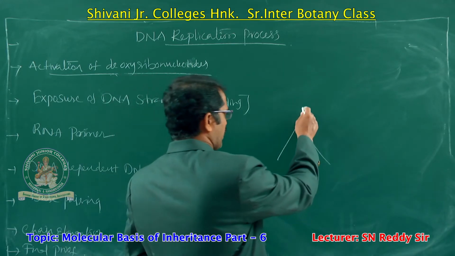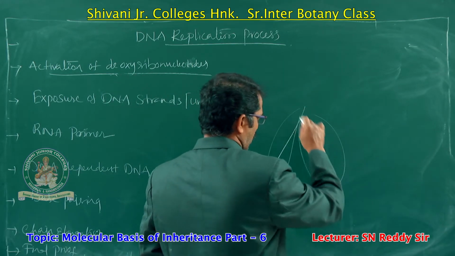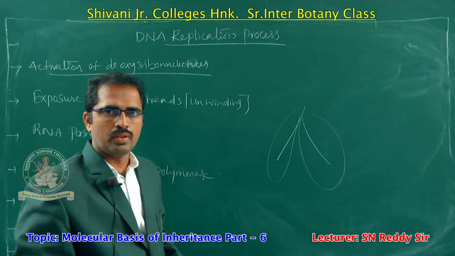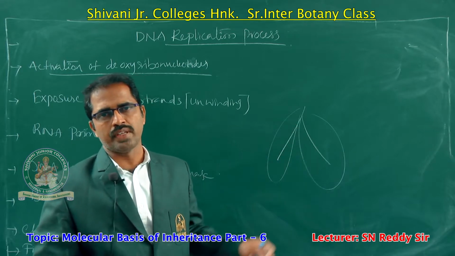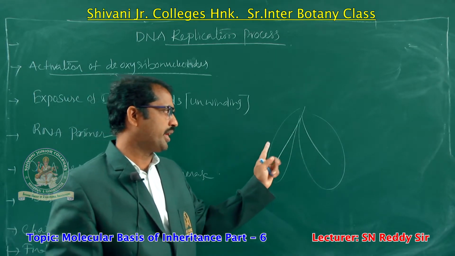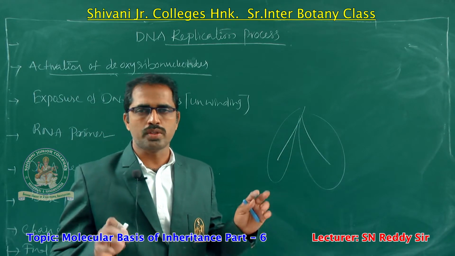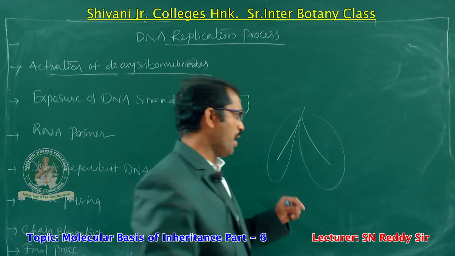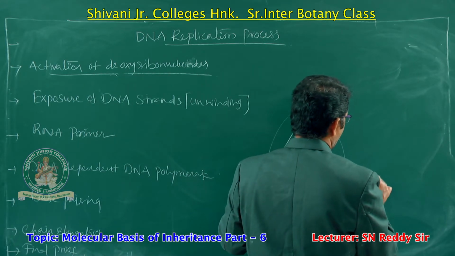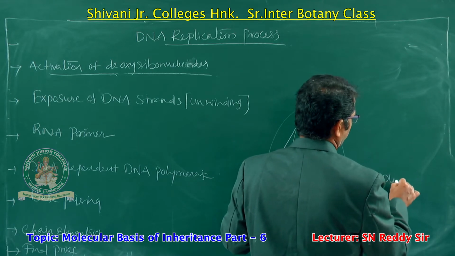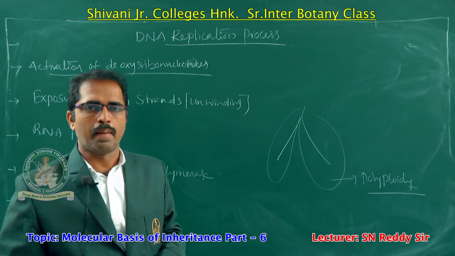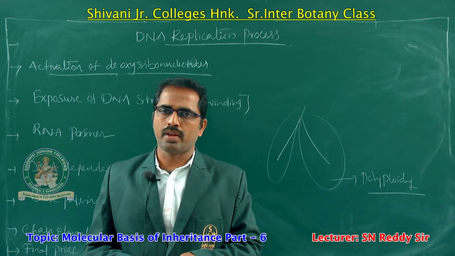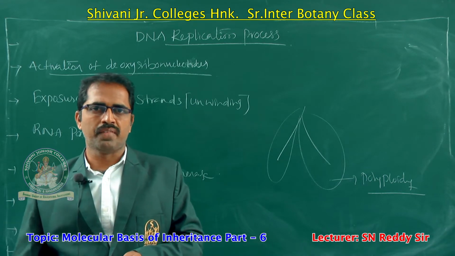After DNA replication only, there is formation of daughter cells. If there is no cell division after DNA replication, then what happens? There is a polyploidy condition. Compulsorily, after DNA replication there is a cytoplasmic division.